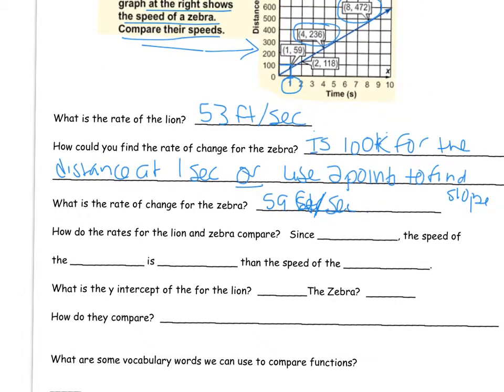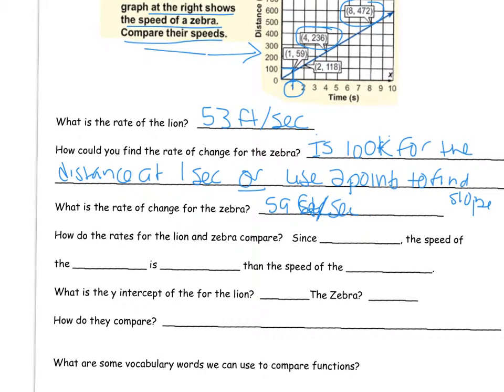We can say that since 59 feet per second, the speed of the zebra is greater than the speed of the lion at 53 feet per second.